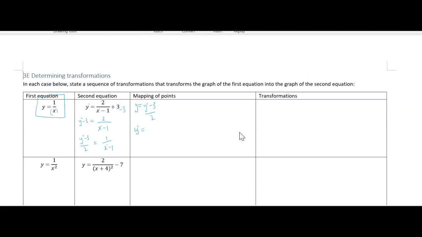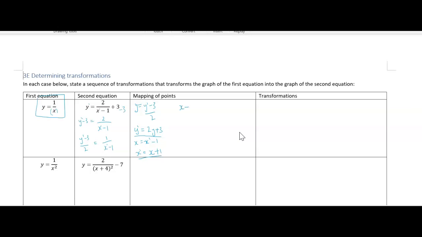To do that, multiply both sides by 2, so 2y plus 3. And we'll do the same with the x's. So x is equal to x dash minus 1. So x dash is equal to x plus 1. So what we've got here is the image of x and y.